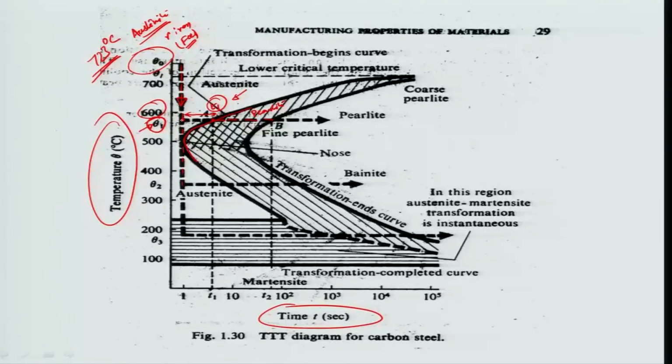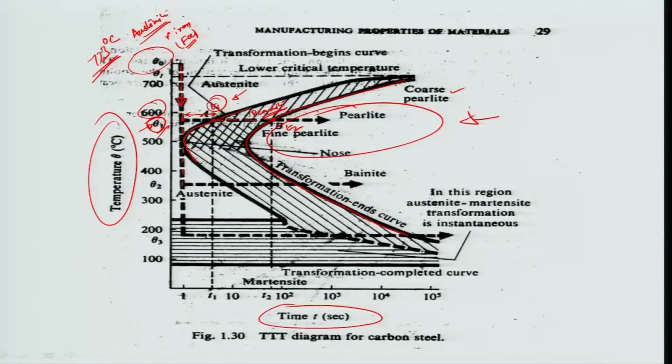So, you have to drop down to theta 1 in almost no time, and then wait for this T1 time for the perlite transformation to start taking place. Once this is done, the perlite transformation completes up to point B here, let us say this is time T2. The curve in this particular zone represents the end of production of complete perlite. The region here is completely full of perlite.